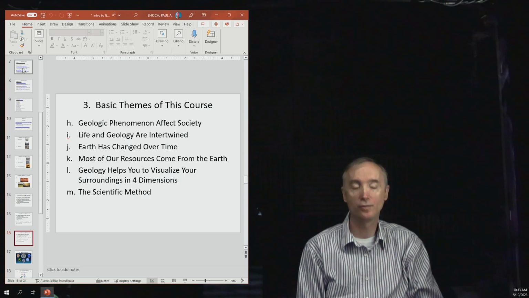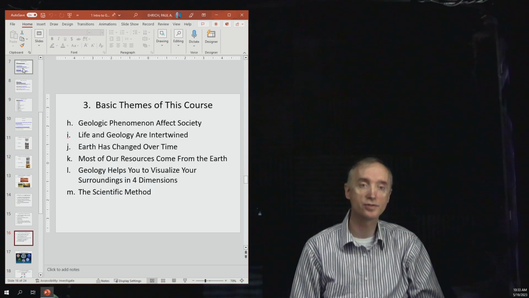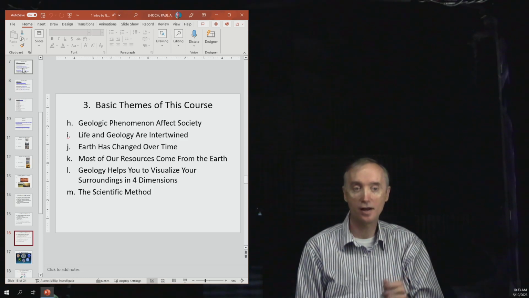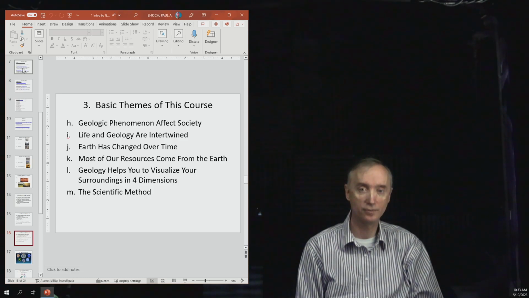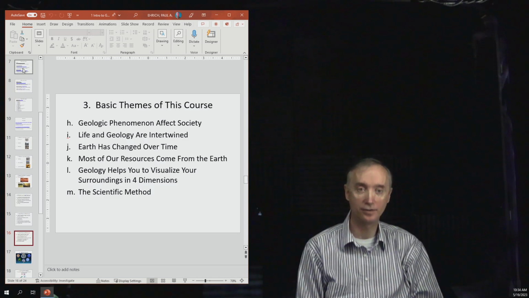So one of the things that we're going to be able to do is make charts and diagrams and maps to help us visualize the Earth in 3 dimensions, and then also to illustrate how time affects geology. And then we're going to learn about the scientific method. So how do we go about disproving theories? And we'll talk about that in a segment that's coming up.